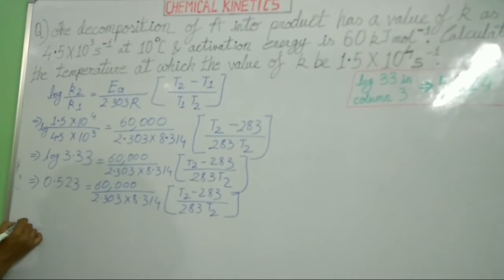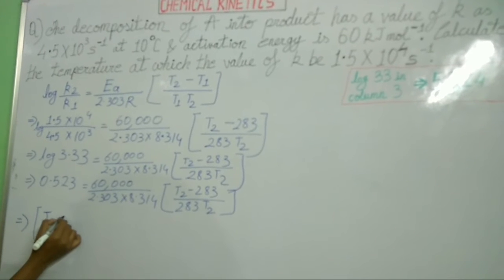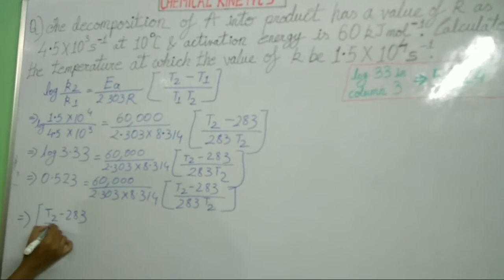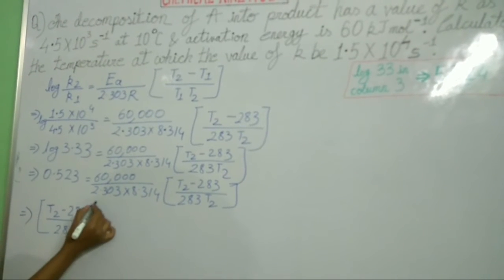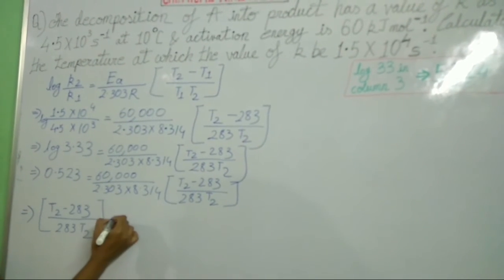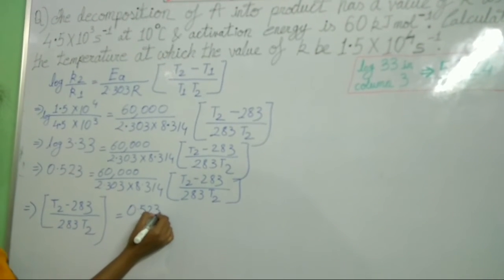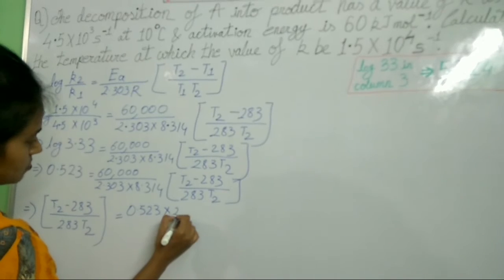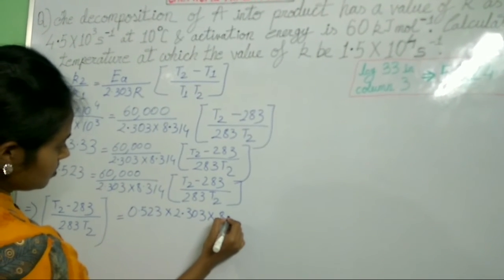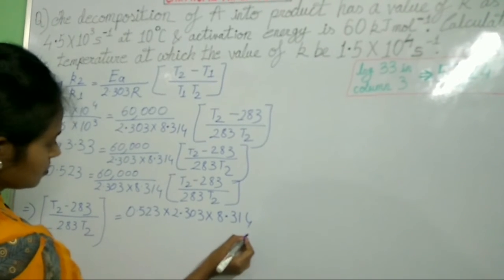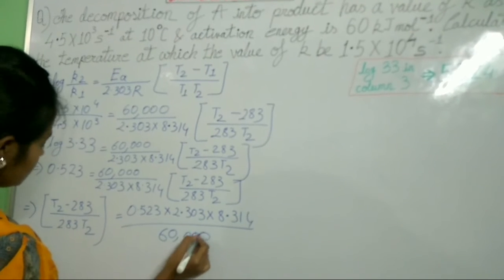Okay. Now next, T2 minus 283, we bring it on the other side, 283 T2. Okay, and cross multiply it. 0.523 into 2.303 into 8.314 divided by 60,000.